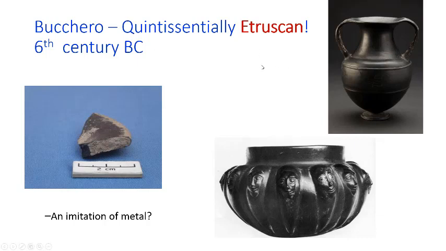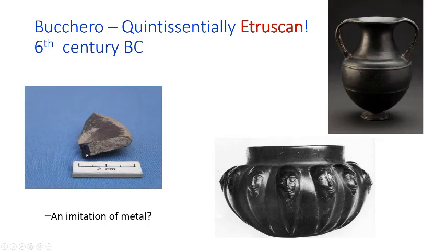The process they use to create this super black pot. And it's not just black on the outside. You'll see from this example I have from Montepulciano that even if you break open the piece, it is dark black through and through. So it's very special.